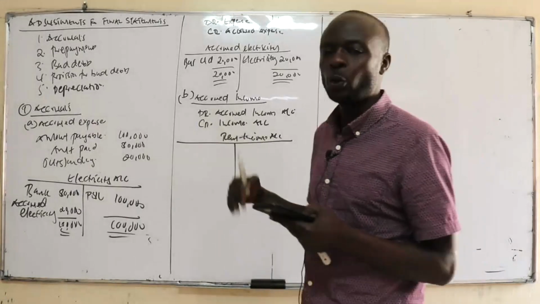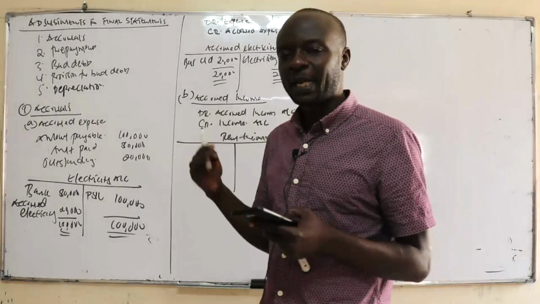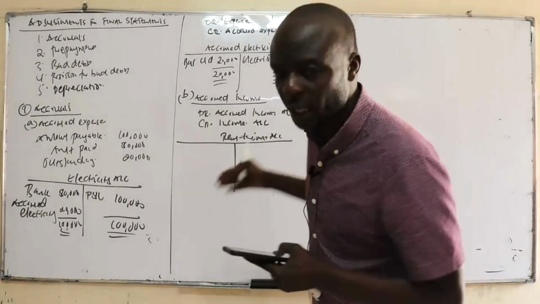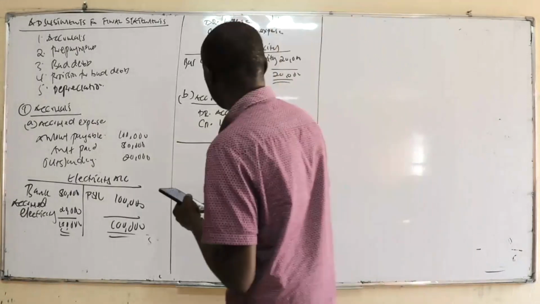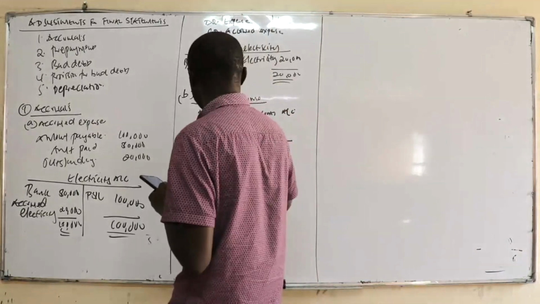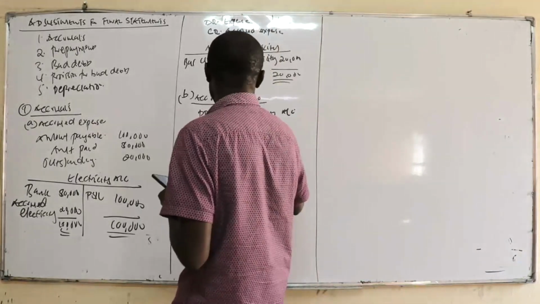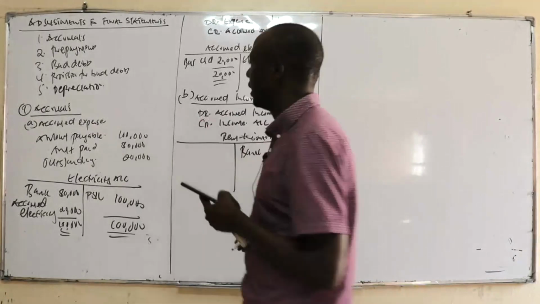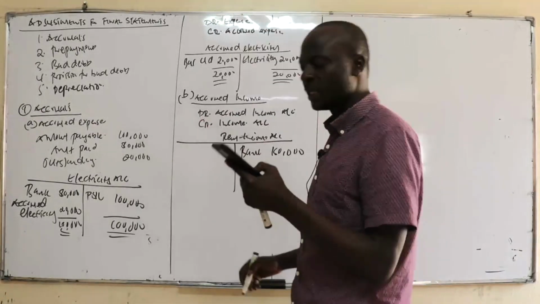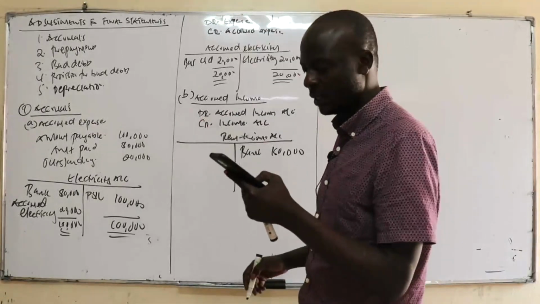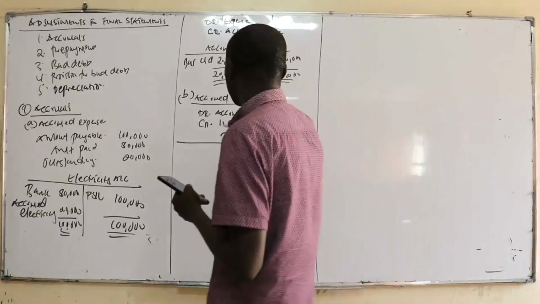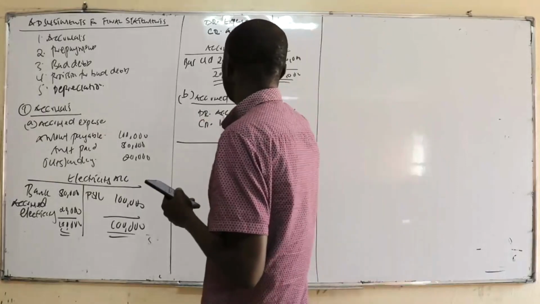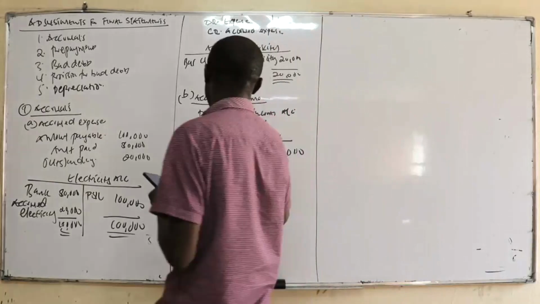Remember, we also said all incomes are credited. So the amount that was received, you debit bank and you credit this one. You write your bank 150,000. We are aware that 50,000 was not yet received. It's supposed to have been received. So here you write now, we said you debit accrued income, and then you write here accrued rent income.